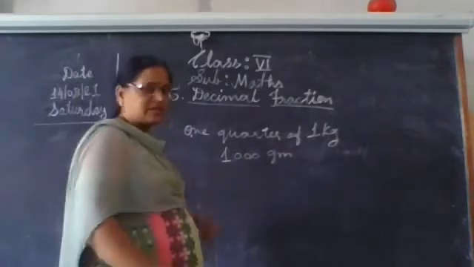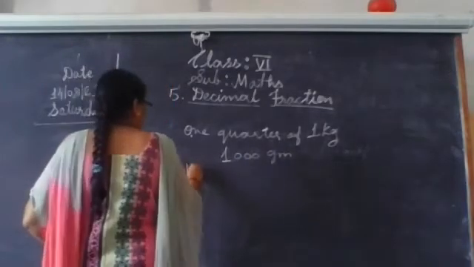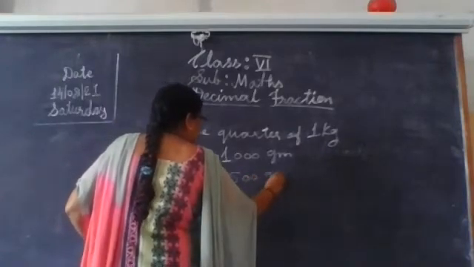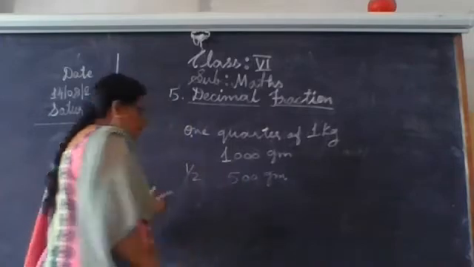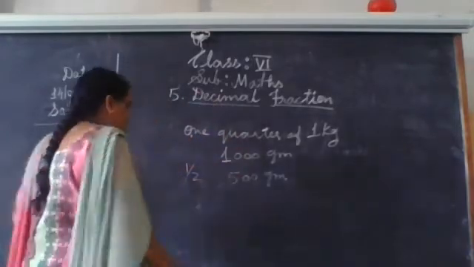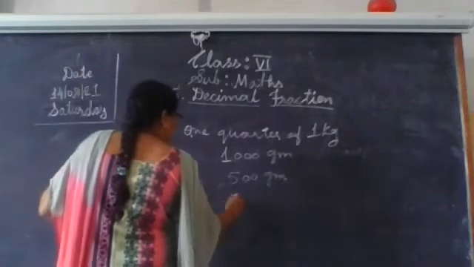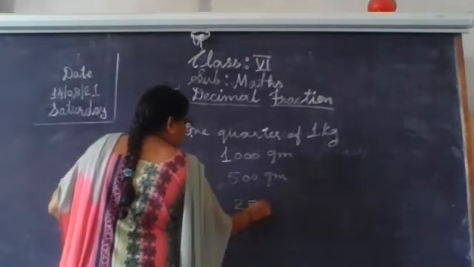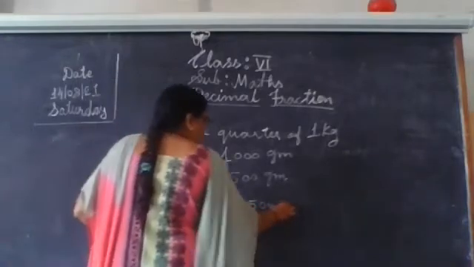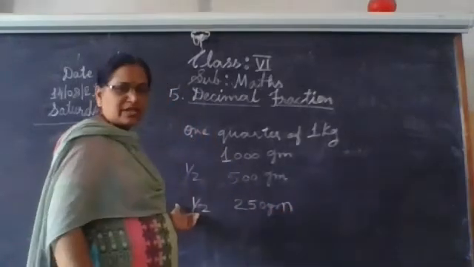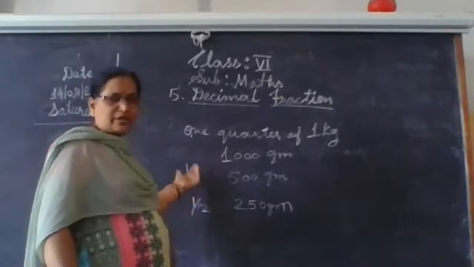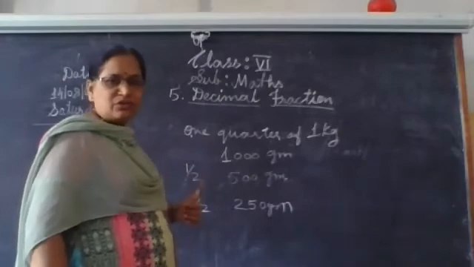Half of this is 500 grams. And 1/4 means half of this 500, and half of 500 is 250 gram. And this is known as quarter. It is 1/4, 2/4 means half, and then it is full.